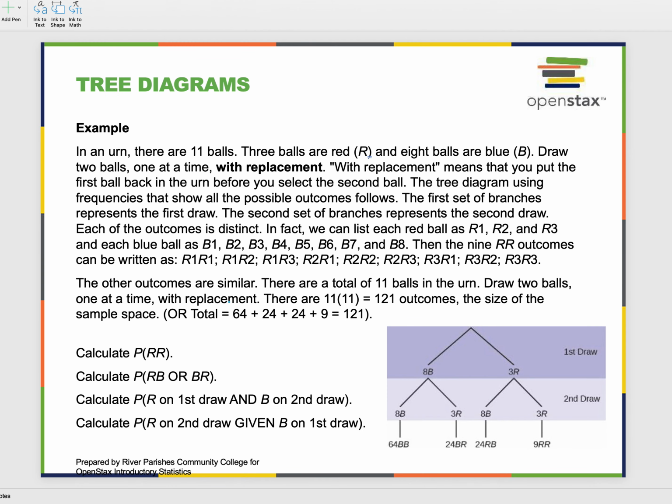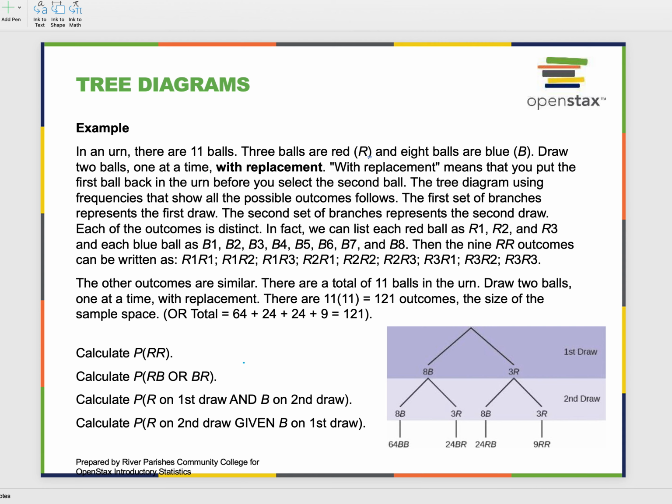What was the other thing we had to solve? Either red blue or blue red. What's the probability of mixed? We can look at that. But it's really what's the probability of red the first time? Probability of blue the second time. Probability of blue times probability of red. Does order matter?